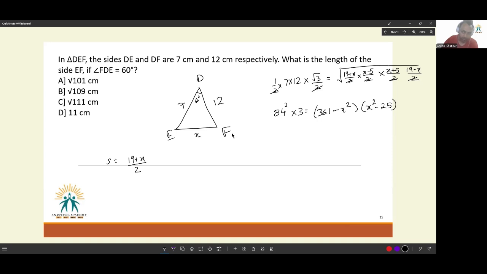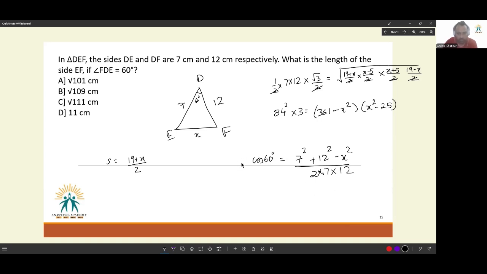The alternate way of doing this is using the cosine rule, where you will have cos 60 degrees is equal to the two adjacent sides square, 7 square plus 12 square minus x square, by 2 into 7 into 12. This will be the simplest one.